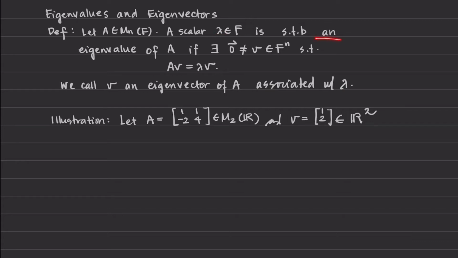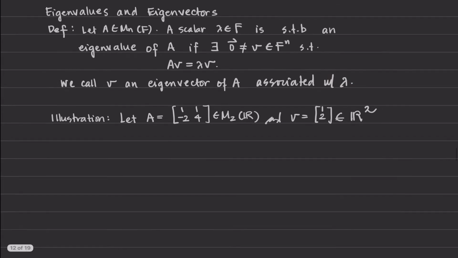Lambda is an eigenvalue of A. Ibig sabihin, you can have multiple eigenvalues. And then, V is an eigenvector of A associated with lambda. Ibig sabihin, pwedeng marami kang eigenvectors na associated doon sa lambda. Hindi siya isa lang.